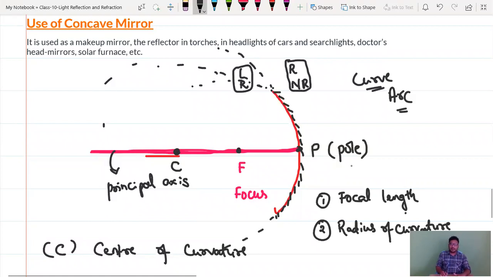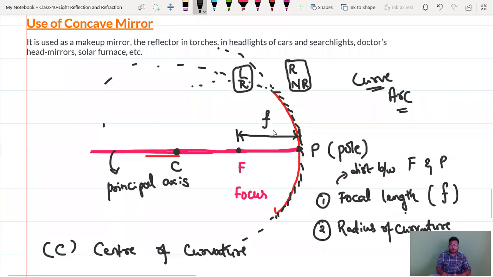The length between focus and pole P, or the distance between focus and pole P. So focal length is nothing but the distance between focus and pole P, which is represented with a small f. Guys, capital F is for focus, small f is for focal length.